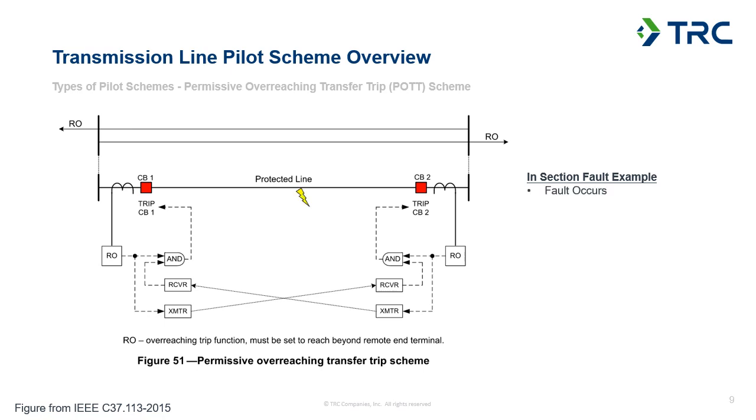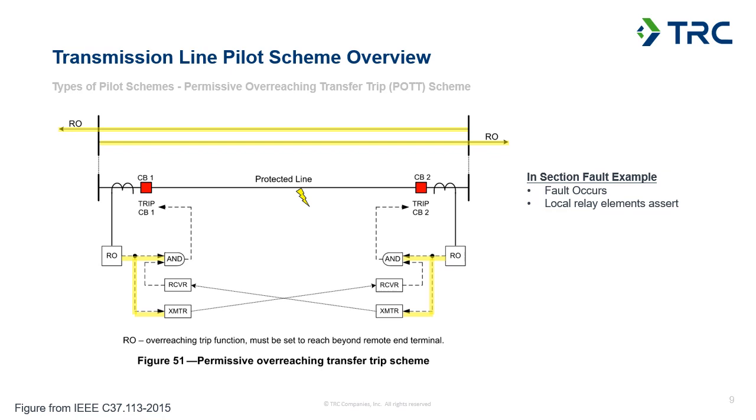So if we take a look at this for an in-section fault example, we start out with a fault occurring on the protected line. So this is somewhere midway through the line, though the scheme would work for anywhere within the line protection zone. And the local relay elements assert. So you can see I've got highlighted up here both overreaching elements will see the fault because it's within their reach.